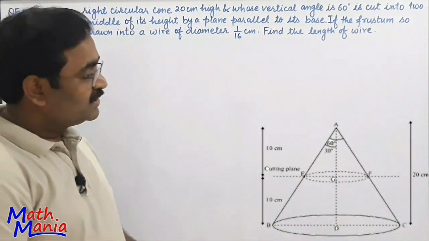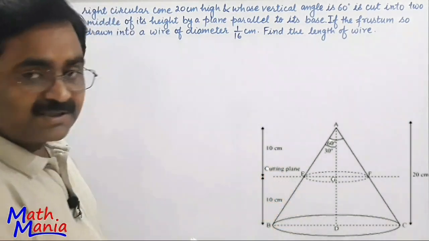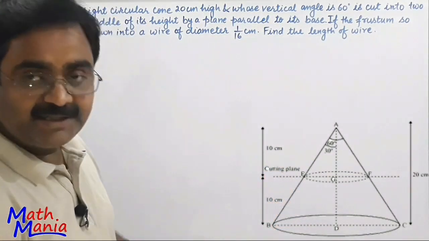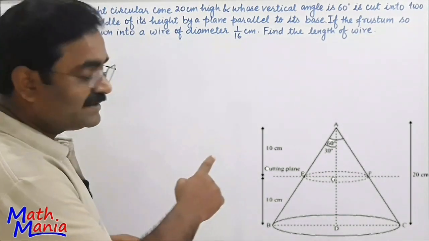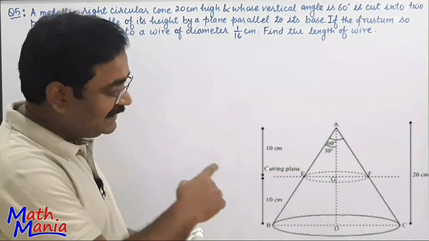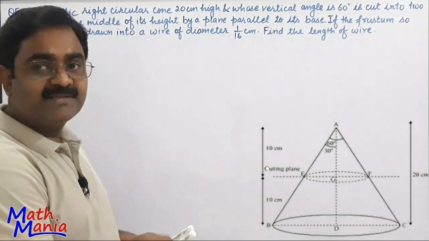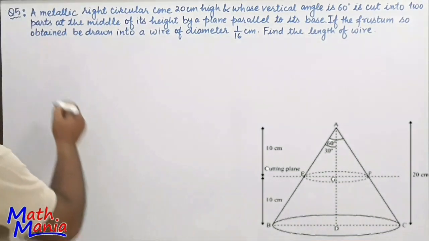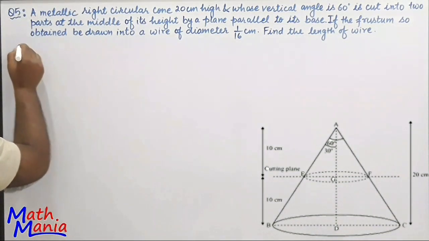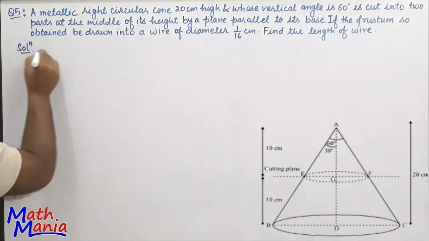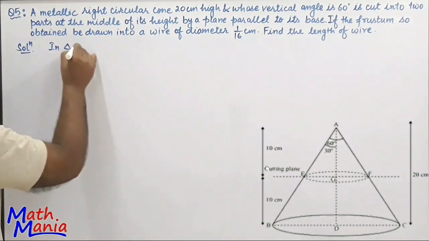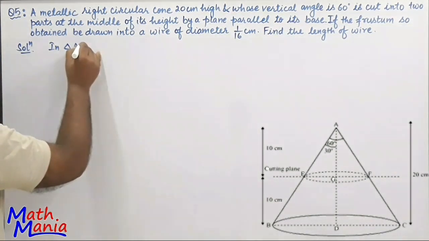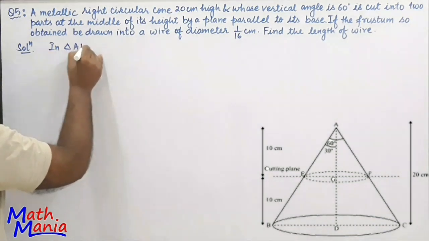Okay friends, as from the figure it is clear that the vertical angle is 60 degree. So just see the triangle AEG.